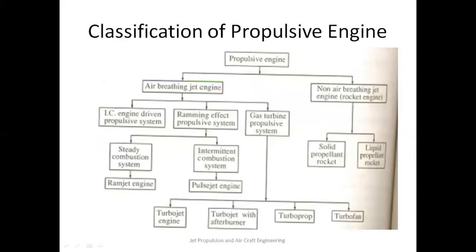Now let's go through the classification of propulsive systems. All propulsive engines are basically classified into two main categories: air breathing jet engines and non-air breathing jet engines.